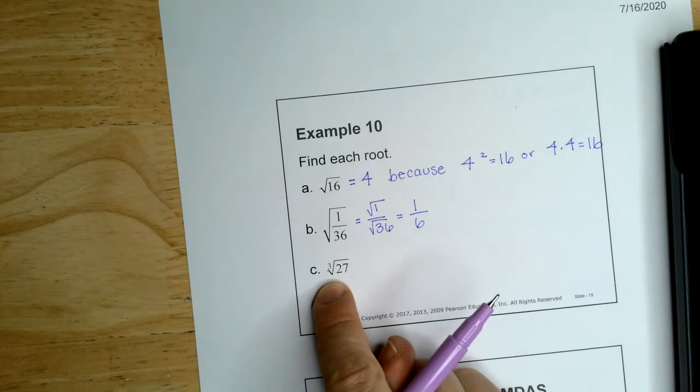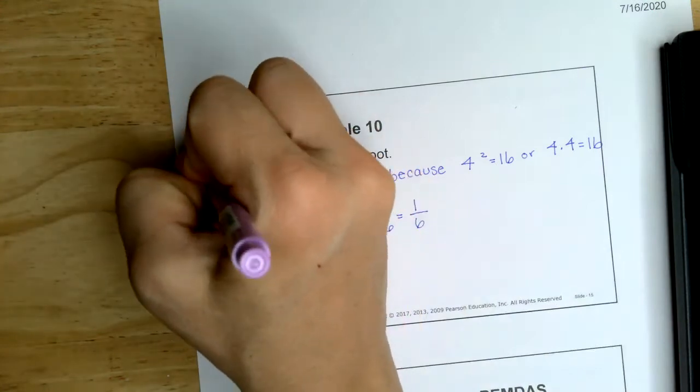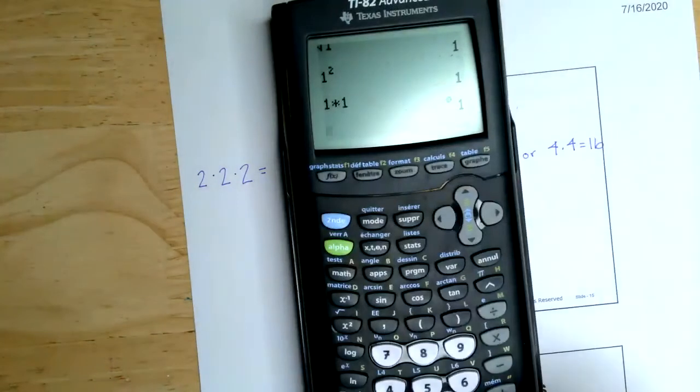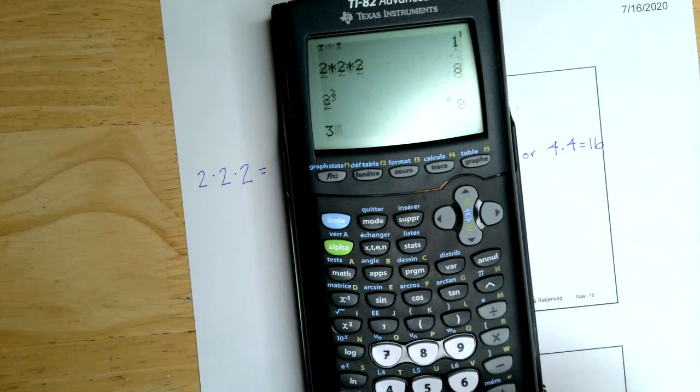Cubed root means now I need a number that I multiply by itself 3 times. So if I had 2 times 2 times 2, that is the same as saying 2 to the 3rd power. Good. And 3 to the 3rd power, or 3 times 3 times 3, is 27.